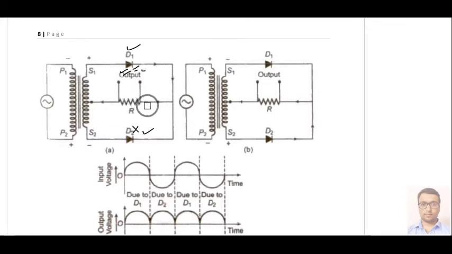Then in the second case, when S1 becomes negative and S2 becomes positive, D2 will work and D1 will not work because it will be in reverse bias.